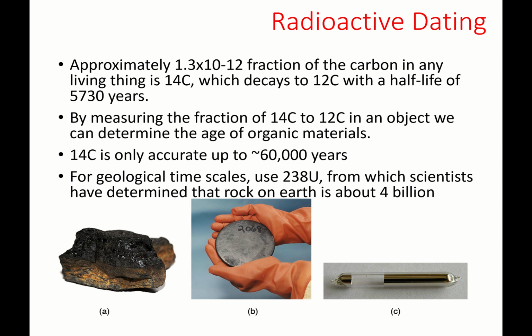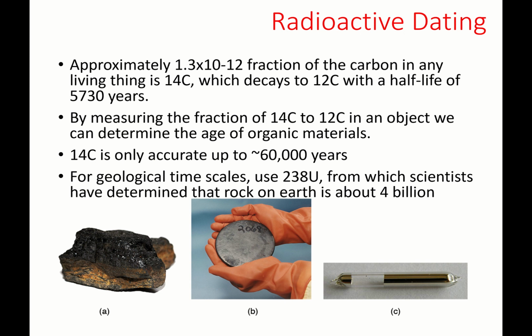Since we can tell how long different nuclei take to decay, we can determine the age of materials. For example, something that's been alive will have carbon in it, and carbon-14 decays with time. So if we can measure what fraction of carbon-14 there is compared to carbon-12 in an object, we can determine how long it has been since that object died, so how long it has been since it stopped ingesting carbon.